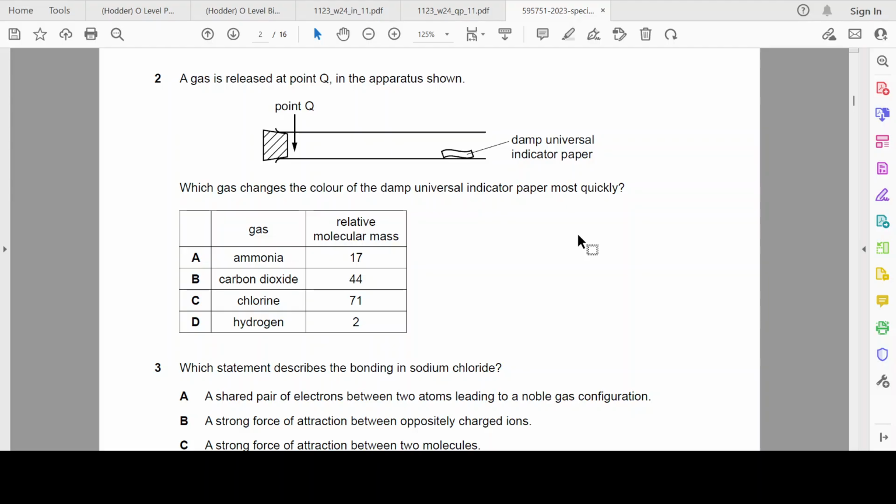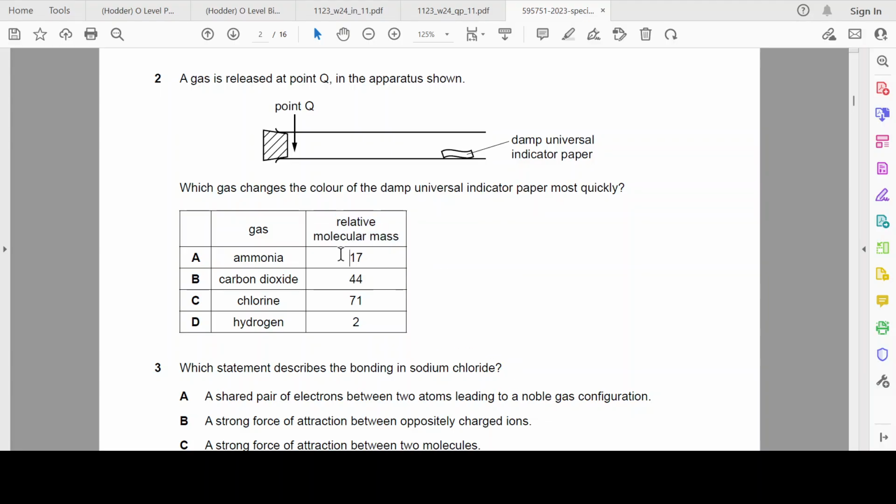Heavier particles are slower, at a given temperature, than the lighter. Yeah. So we have the relative molecular mass.